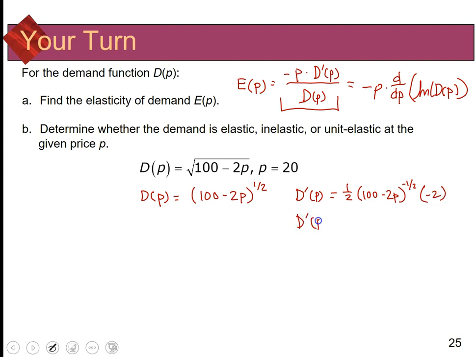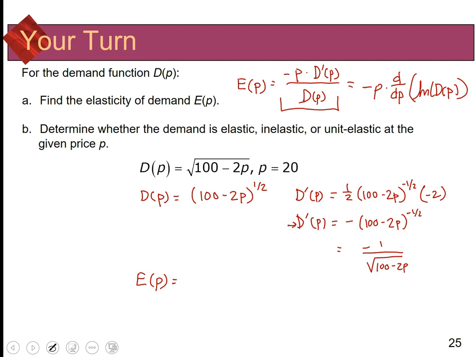So D prime of p, when simplified, is going to equal negative (100 minus 2p) to the negative 1/2, or negative 1 over the square root of 100 minus 2p. So now when I actually calculate E of P, I'm going to have negative P times this.